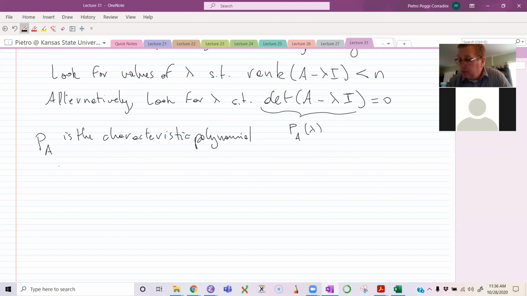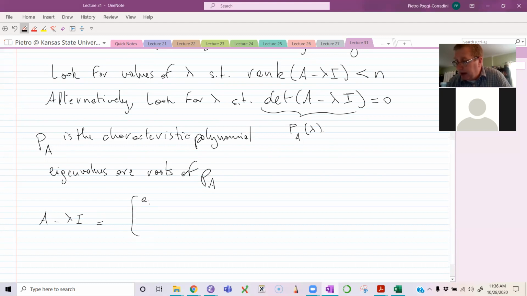And it's not hard to see. So if you write A minus lambda I, it's going to look like this: A11 minus lambda, A12, etc. Right?